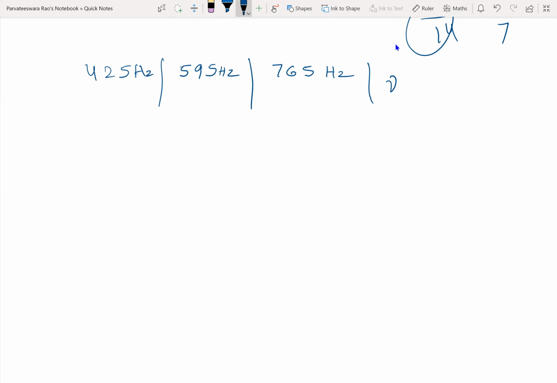The speed of sound in air is 340 meters second inverse.